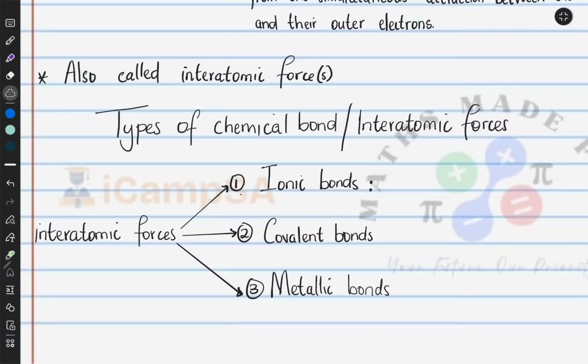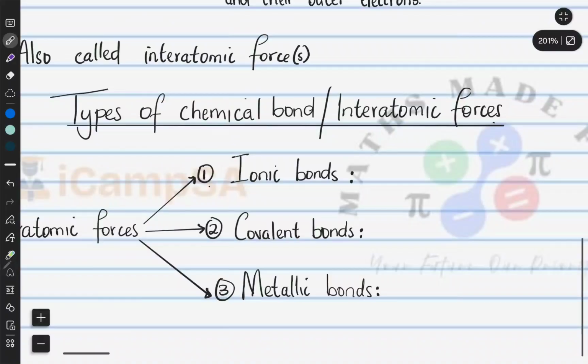All right, so these are the types that we have of our interatomic forces or chemical bonds. These words are used interchangeably. They mean pretty much the same thing. Now, how each of these bonds is different from one another depends on the types of elements or atoms that are involved in that specific bond, okay?